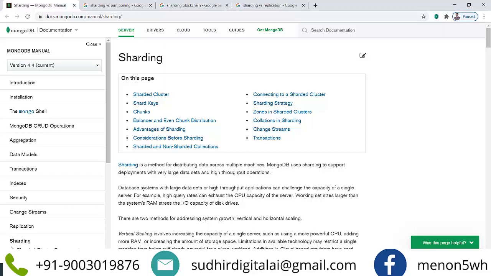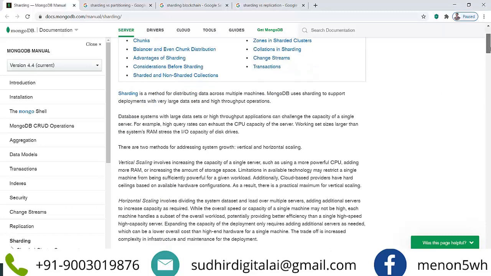MongoDB uses sharding to support deployments with very large data sets and high throughput operations. A database system with large data sets or high throughput applications can challenge the capacity of a single server. For example, a high query rate can exhaust the CPU capacity of the server, and a working set size larger than the system's RAM stresses the IO capacity. That is where sharding comes in.